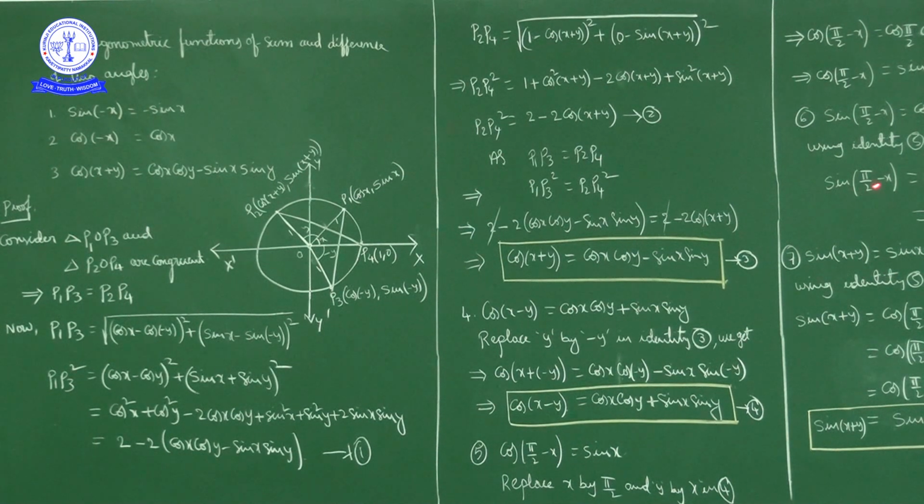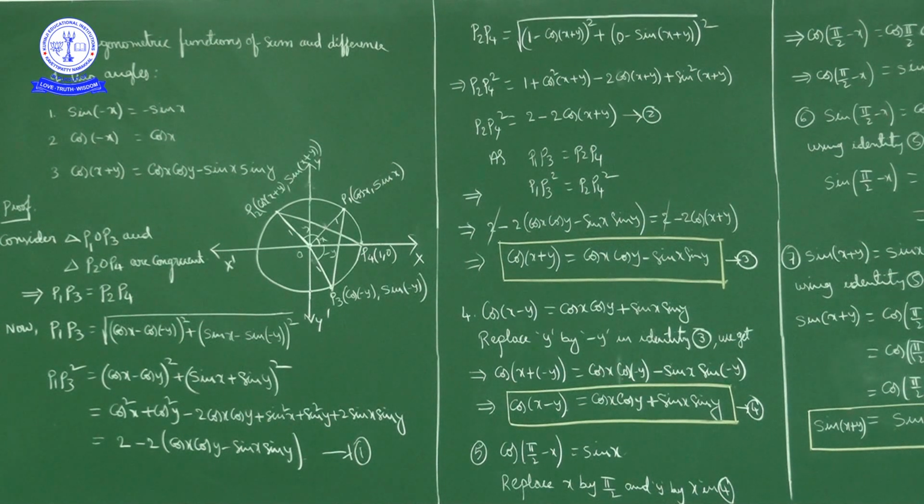Suppose we consider pi by 2 minus x as a. Sin a is equal to cos pi by 2 minus a, using identity 5. Here a is pi by 2 minus x. So pi by 2 minus pi by 2 cancels, minus of minus is plus. So sin pi by 2 minus x is cos x.